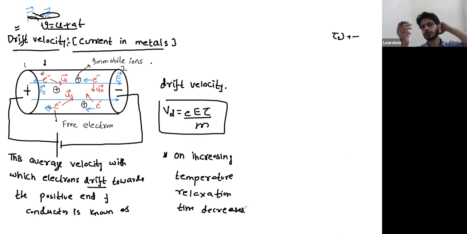See, what was relaxation time? Relaxation time was the time taken by electrons in two successive collisions. So the time taken by the electron in two successive collisions is known as relaxation time.